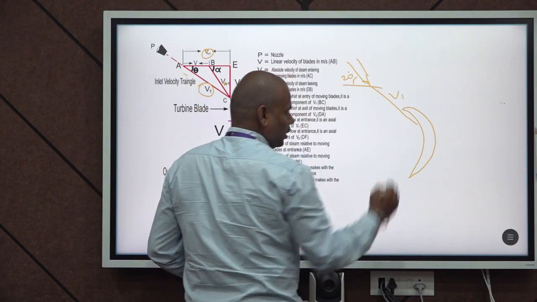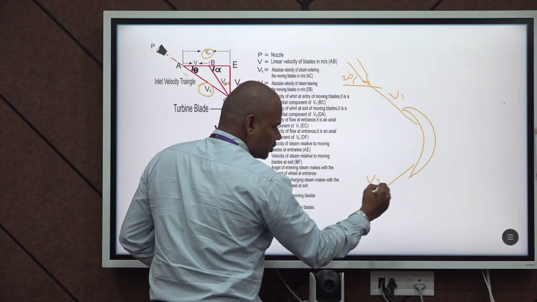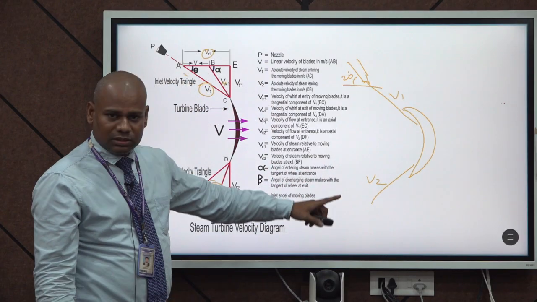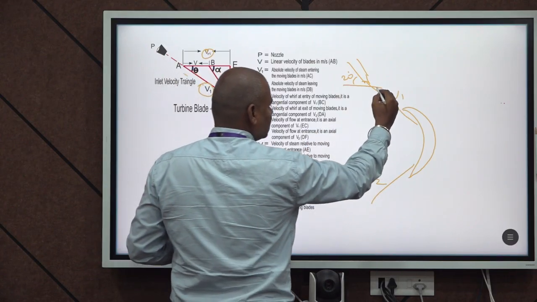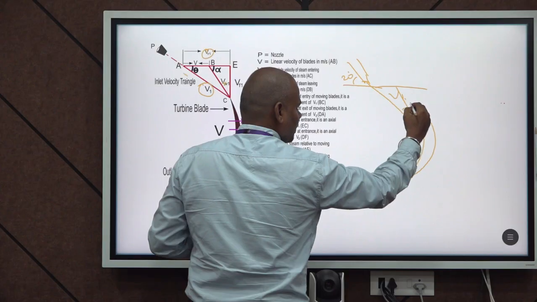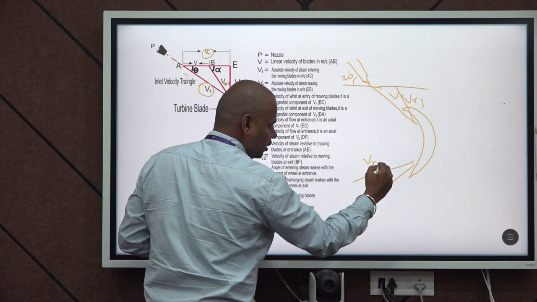And this is V1. It is hitting the turbine and leaving the turbine at V2. So the inlet velocity is V1 and the outlet velocity is V2. The relative velocity at inlet is VR1, and at the exit it is VR2.